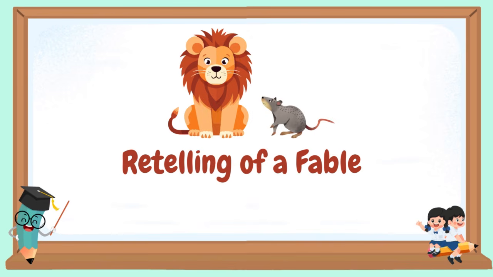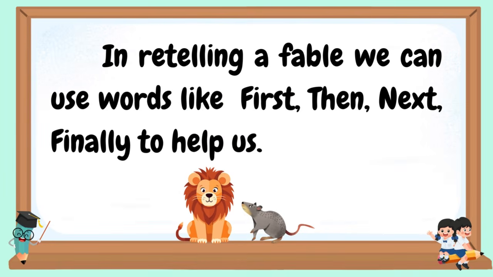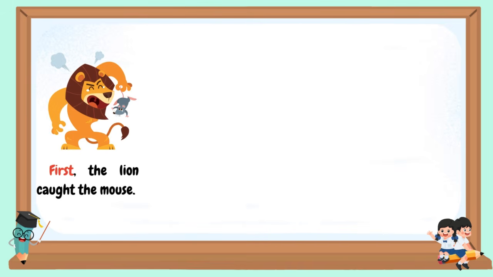Retelling a fable. In retelling a fable, we can use words like first, then, next, finally to help us. First, the lion caught the mouse.